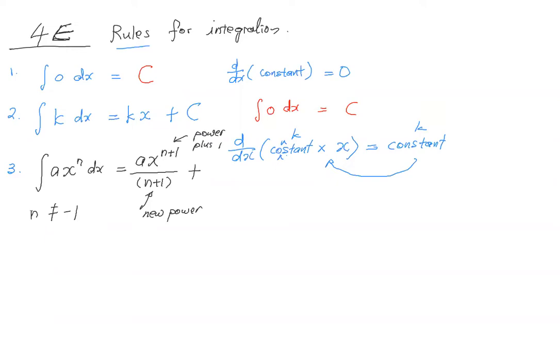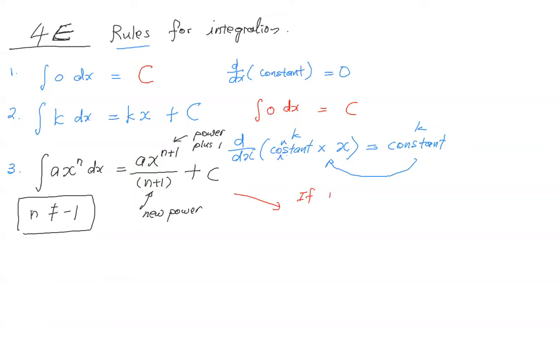Then plus C. So this is a very important formula. Do you get me? Condition: n cannot be -1, because if n is -1, -1 plus 1 equals 0. So this rule cannot apply.